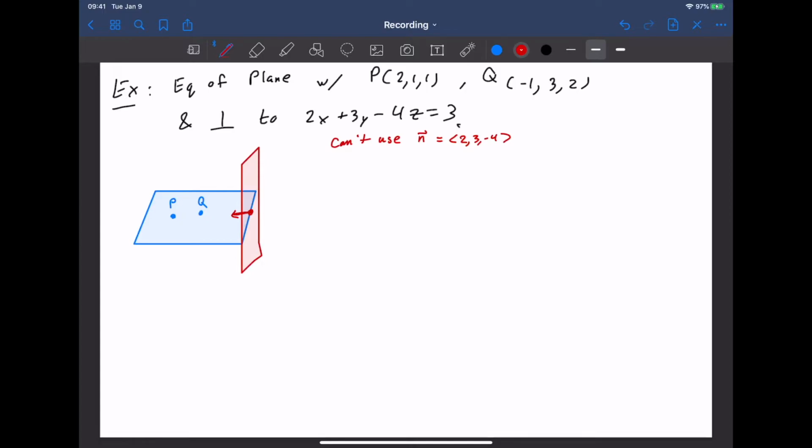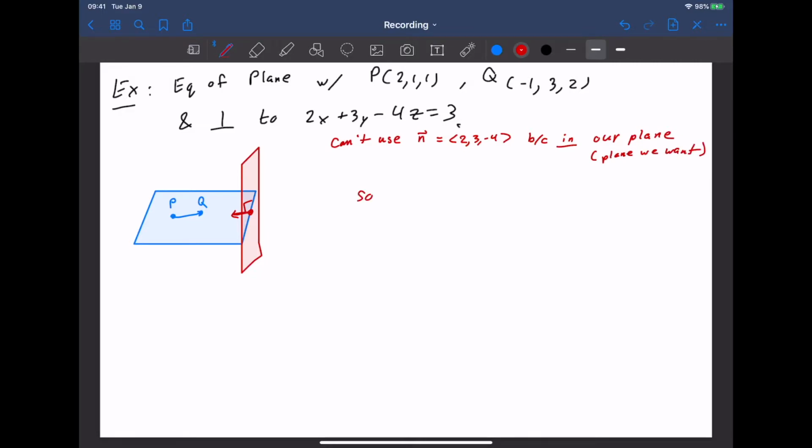And now maybe you see what's going to happen here. If I have that red vector that's perpendicular to the red plane, and I have this vector between these 2 points, can't we do those cross products? So n must be in the plane we need, the plane we want.